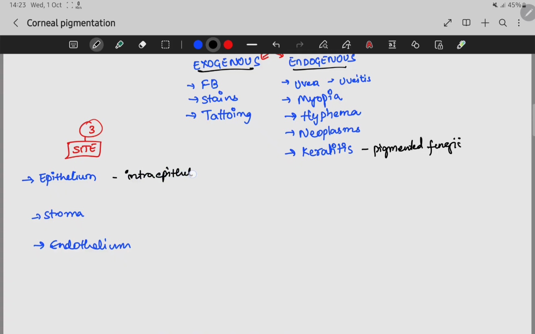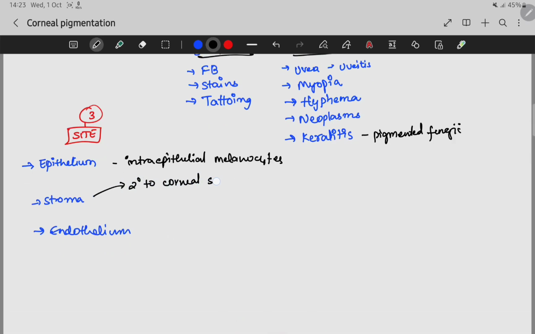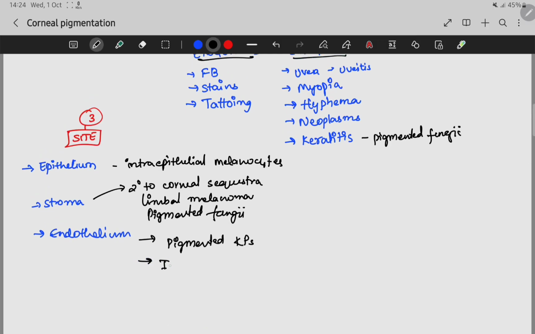Coming to the epithelium, epithelial deposits can be seen with intraepithelial melanocytes, and in case of stroma we can see it secondary to any corneal sequestra or trauma, and in case of limbal melanomas, and also pigmented fungi or pigmented keratitis with fungi. In endothelium, we can see pigmented keratic precipitates and iris adherent to the cornea, that is adherent leucoma.